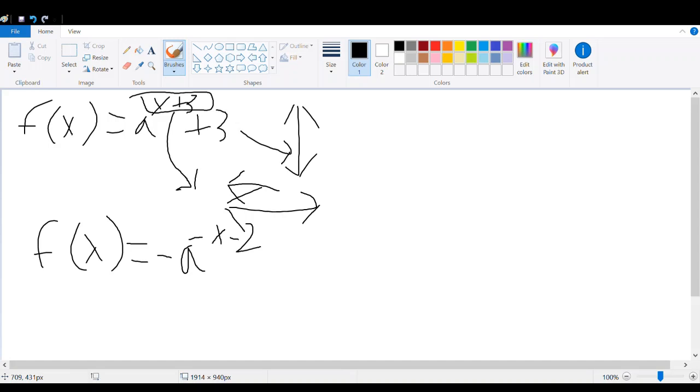And if it's outside, it applies to the final, or like the y values. It'll make all the y values negative. So if our graph looked something like this, which it normally does, it would reflect across. All the y's would be multiplied by negative 1, because the negative's applying to the final y value, and it would look more like this.